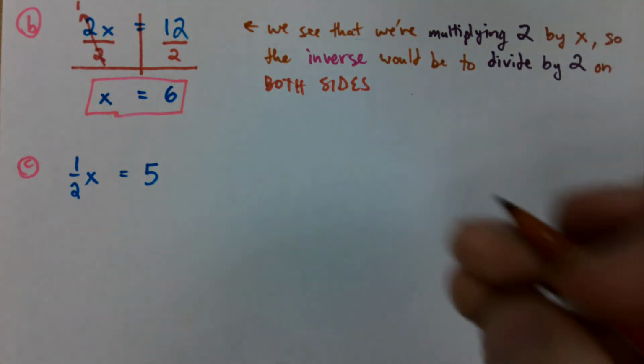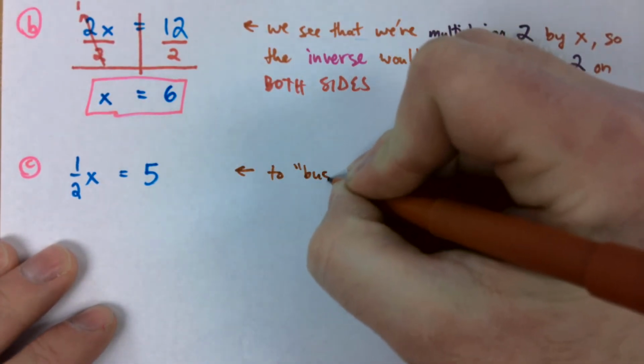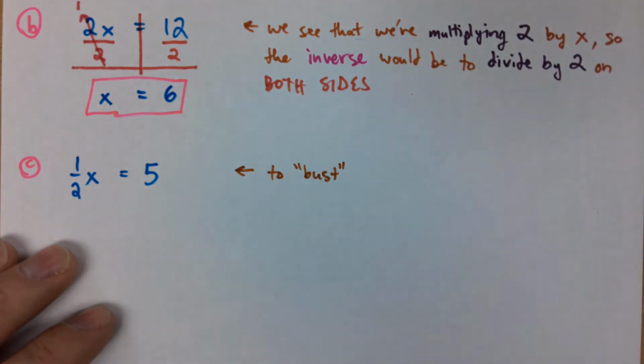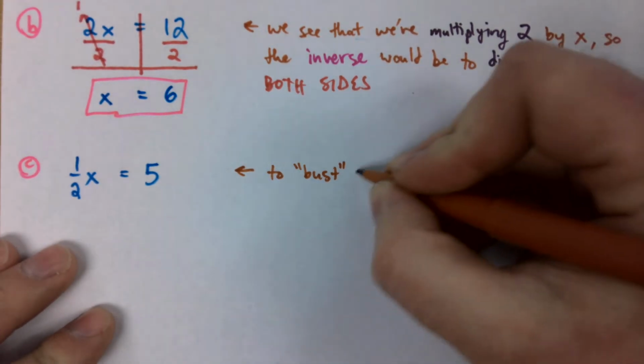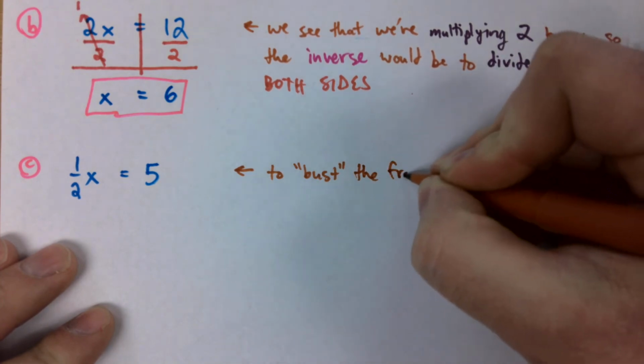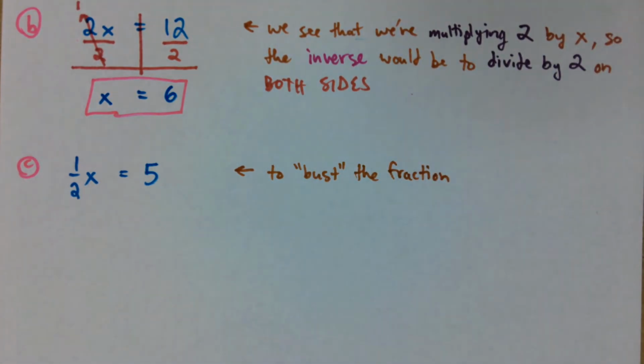Here's what we want to do instead. What we want to do is bust this fraction. Has anyone ever heard it? Does that sound familiar to anyone, fraction busting? Maybe not, but that's okay. We're going to learn today. To bust the fraction essentially means to break it. We don't want it to be a fraction. We want it to be a whole number.